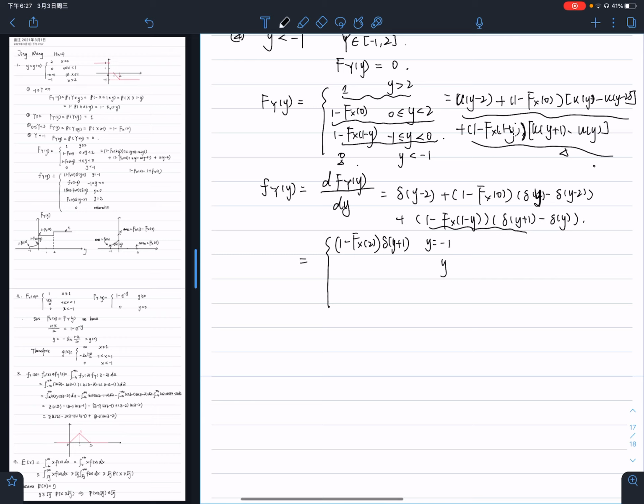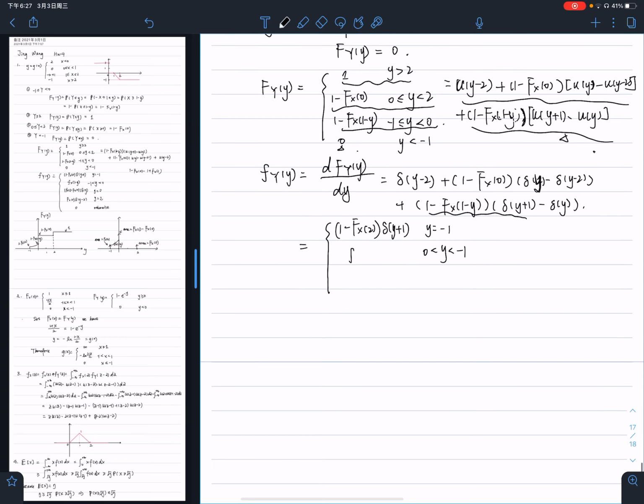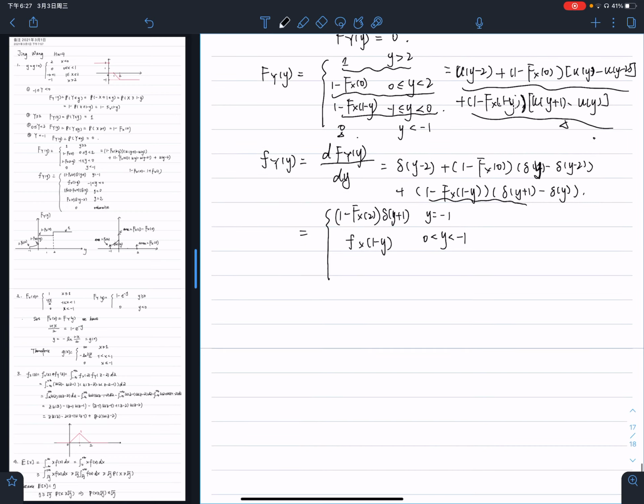And if y is larger than negative 1 and smaller than 0, it should be f_X(1 minus y), and at y equals 0, it should be, with the corrected values, (F_X(1) minus F_X(0)) times delta(y).